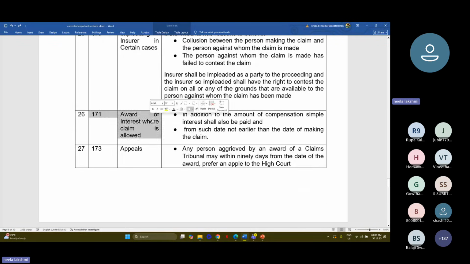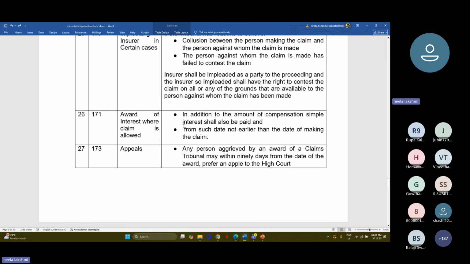171. Award of interest where claim is allowed. While we saw about the Lok Adalat, there was a main point, which was that Lok Adalat awards are interest free. Whereas when the court awards, the award would fetch interest.